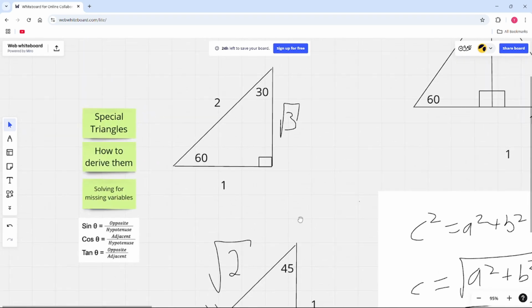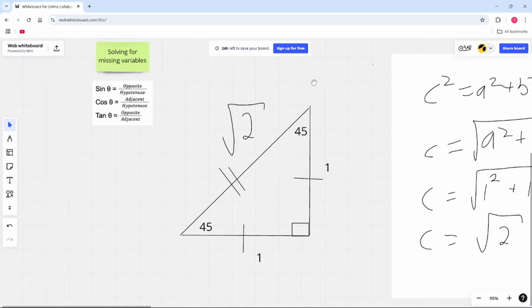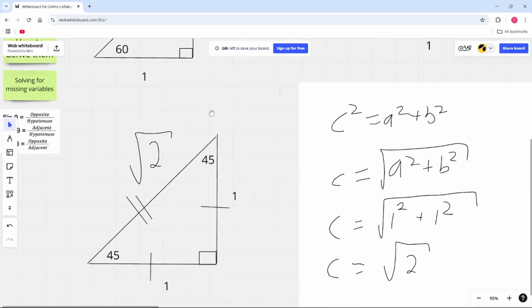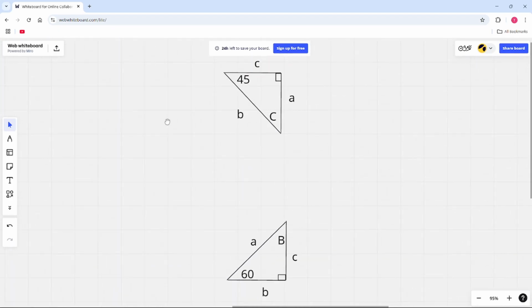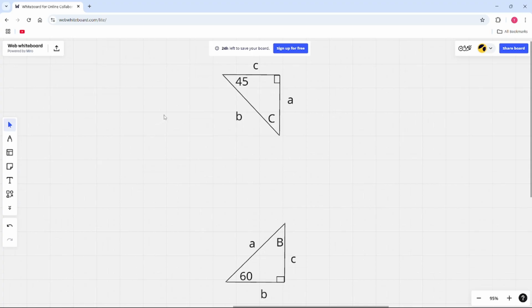Now we have our special triangles. Let's take a recap. You can try to pause the video and then solve for these 2 special triangles. I'll just quickly go over them.